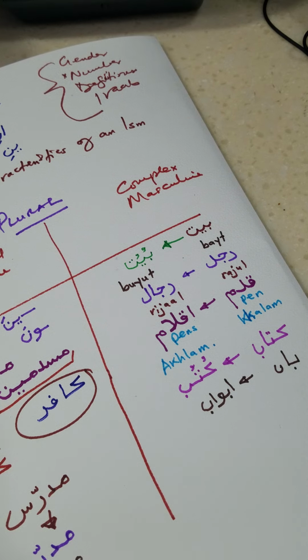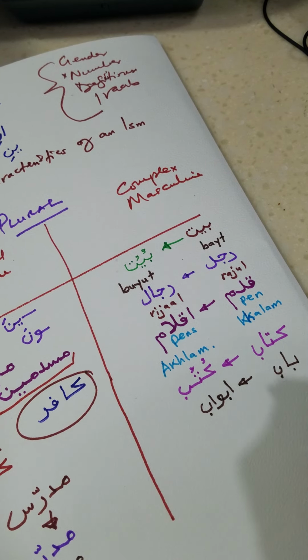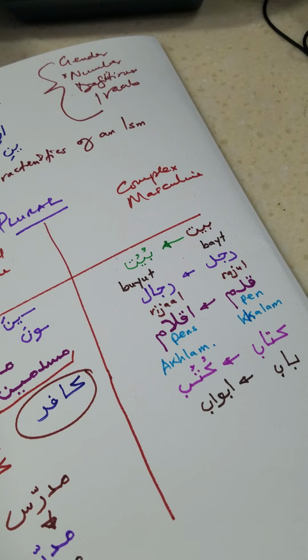Kalam, aklam. Kitab, kutub. Bab, if there are many, abwab, doors.